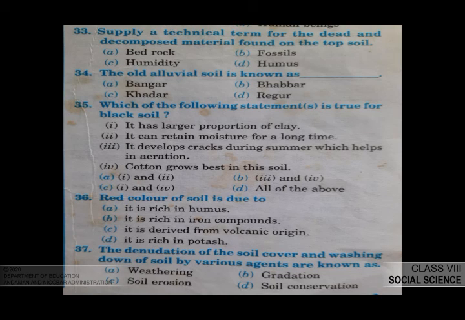Now here, last question is, the denudation of the soil cover and washing down of soil by various agents is known as weathering, then the next option is gradation, then soil erosion or soil conservation. So my dear students, you have to find the correct answer.